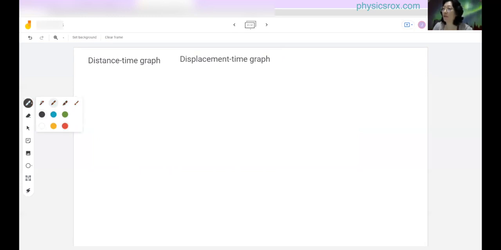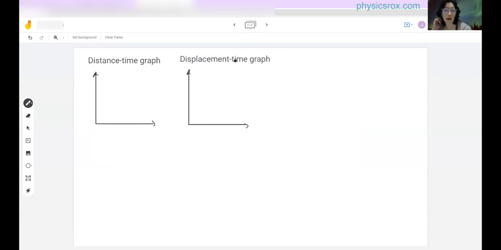So the concept is the same. Distance-time shows you how far the object is from the original point. Displacement-time shows you how far the displacement is from the original point. So it's still meters, and time is also seconds. The only difference is that this one shows distance, and the direction we don't care about.